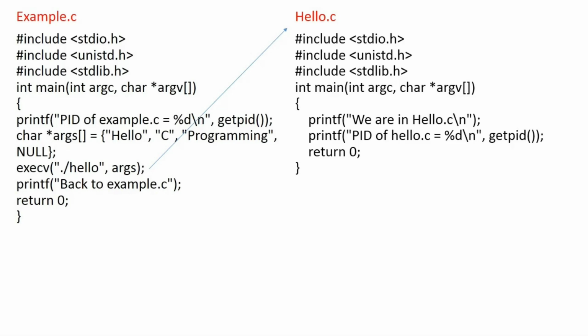Once that function is executed, it is replaced with the new program; you are not creating a new process, just replacing it with the program hello. In the argument we give the program name hello. Based on the argument given, exec will get executed and replace the process with the new program.